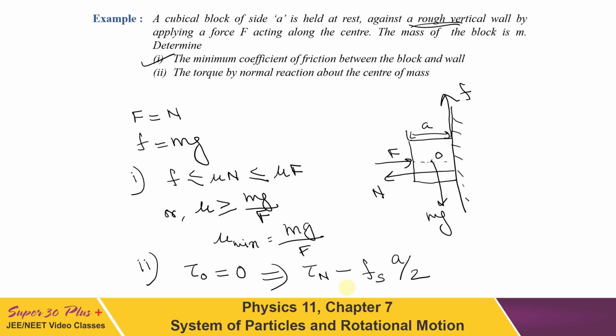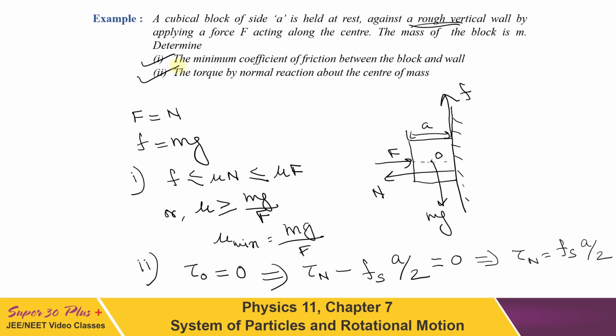That's why one is positive, the other is negative, and this should be equal to 0. From here we got the torque of normal equal to Fs A by 2. Again you can see that the normal has to be shifted to a position other than the center of mass so that the net torque on the block can be written as 0.